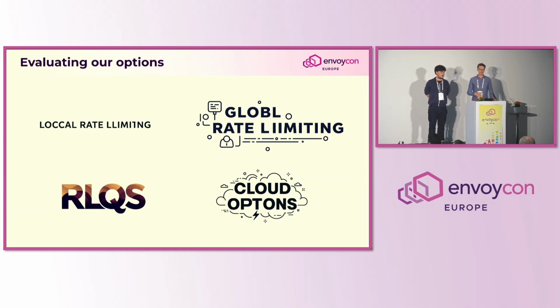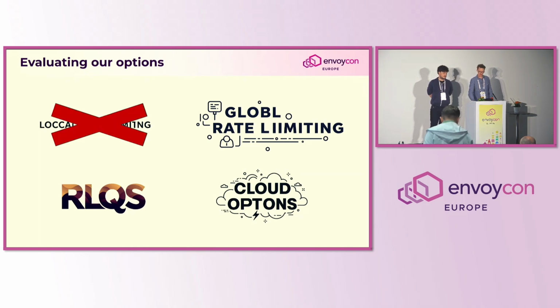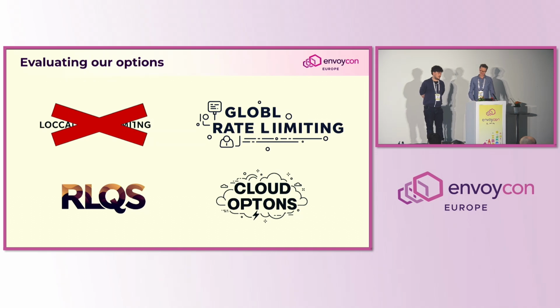So now, let's take another look at this list through the lens of Spotify's perimeter use case. Can we use the local rate limiter? Well, we have hundreds of envoys in our perimeter layer, and we want to rate limit on IP or user ID, so no, that's not going to work. The global rate limiter, as I mentioned before, we've run this in the past.